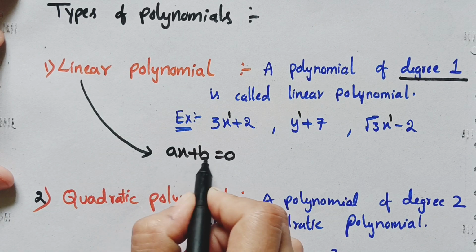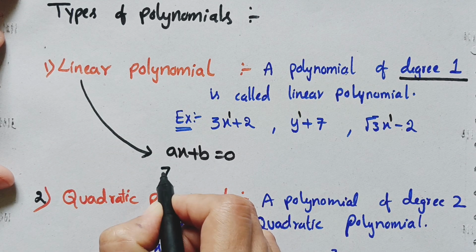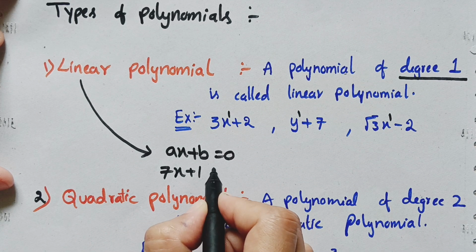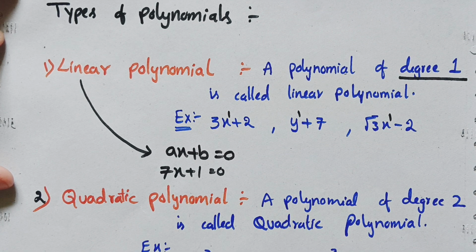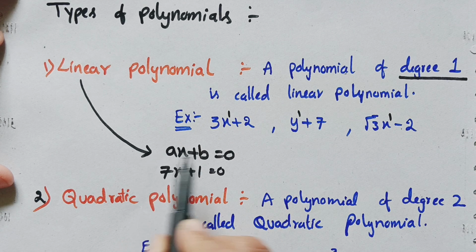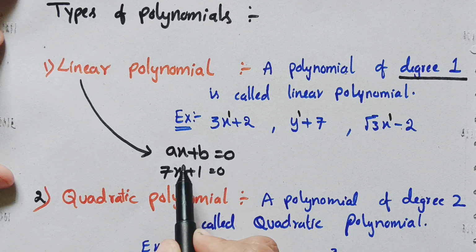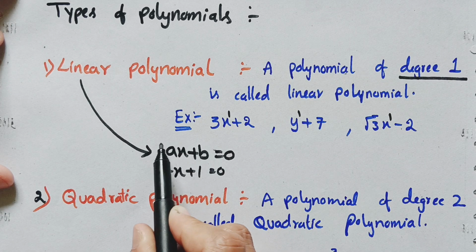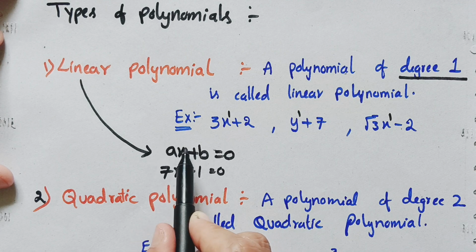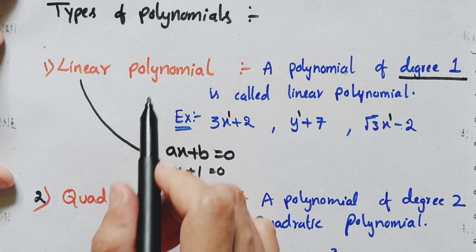So let us write another example, 7x plus 1. So this is also an example of linear polynomial. Okay, whether we have x as a variable or y as a variable, no matter what the variable is, but it should take the form of this ax plus b or ay plus b. So this is the general form of linear polynomial.